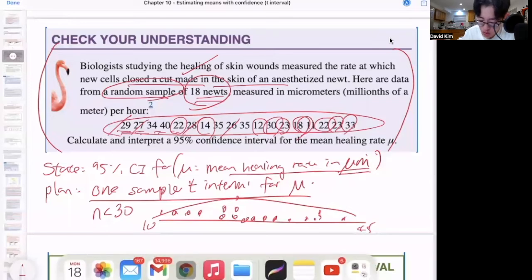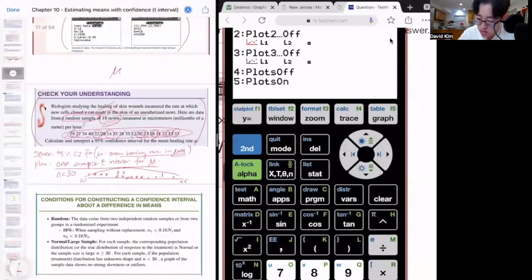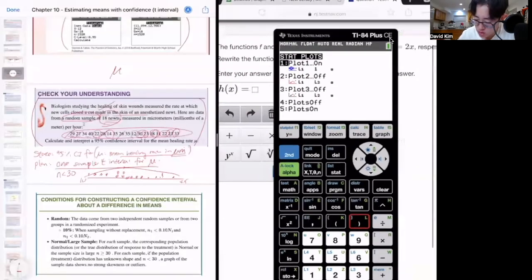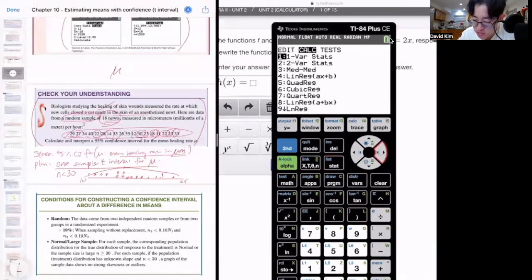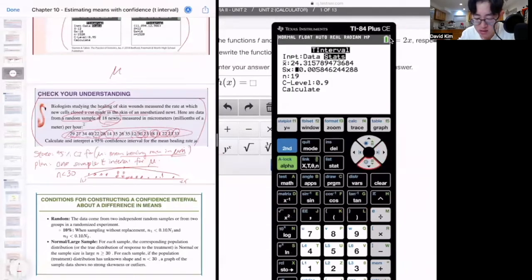So we are going to go to stats, tests, t interval. We have to do this one more time. One variable stats, now we're going to calculate. And when you go to tests, our mean and standard deviation are inputted nicely for us already.